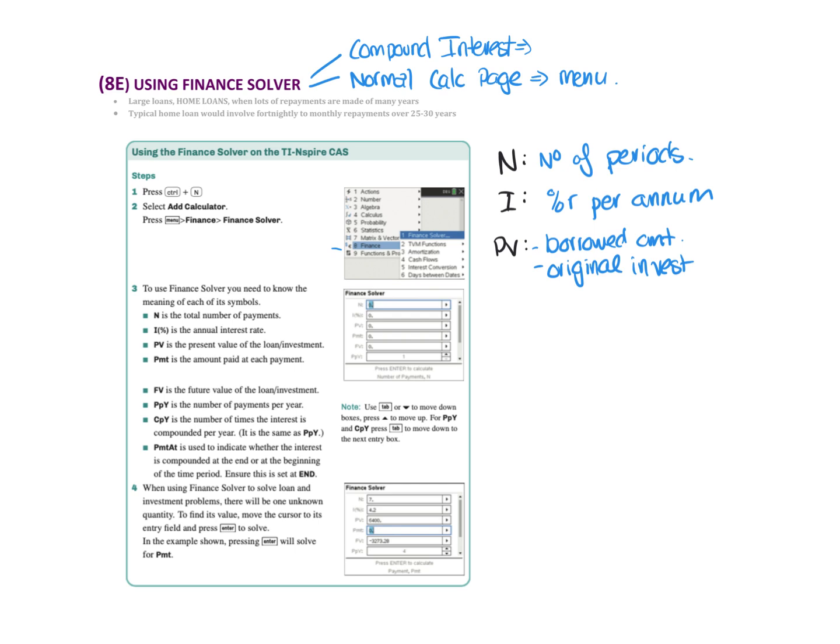Now, Finance Solver is very particular about whether you are borrowing or investing, and you have to tell it whether one's going to be positive and one's going to be negative. What we often say is, here we've got the bank, and here you are.